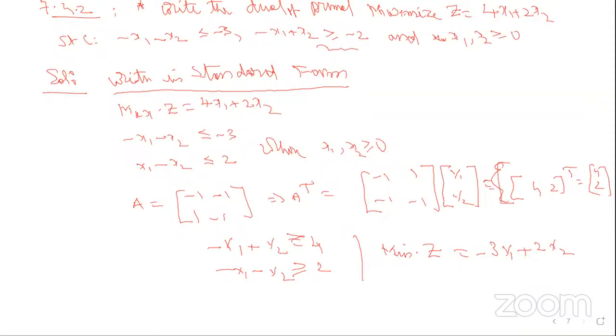For x1, x2, what we did, that A matrix means the constants, coefficients. X1 coefficient is minus 1, x2 coefficient is minus 1. Here x1 coefficient is 1, x2 coefficient is minus 1. This transpose we did. Transpose means rows into columns or columns into rows. I did columns into rows.